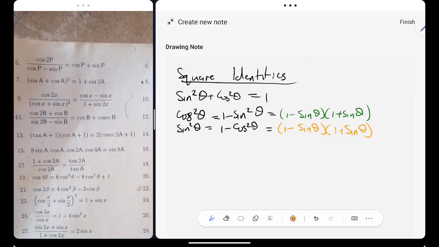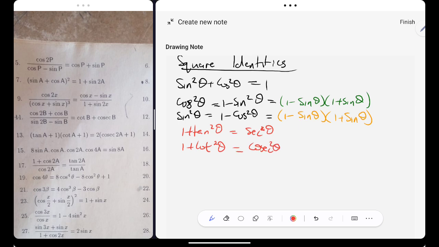And then for those who are using sec, cosec, and cot, maybe you might need this: 1 plus tan squared theta is equal to sec squared theta, and then 1 plus cot squared theta is equal to cosec squared theta. These are the square identities that you will need.